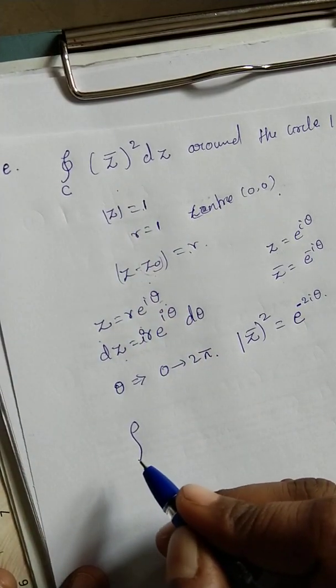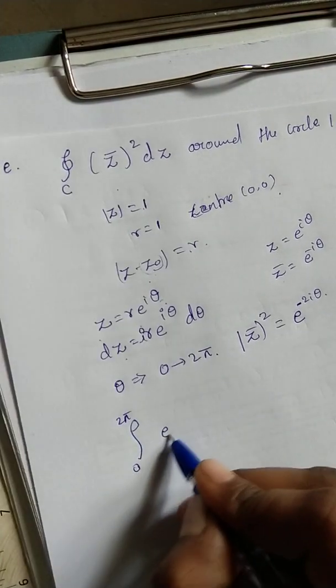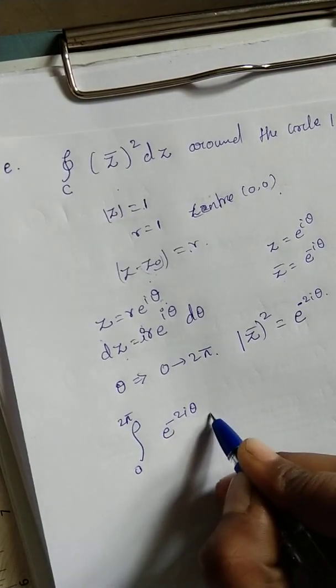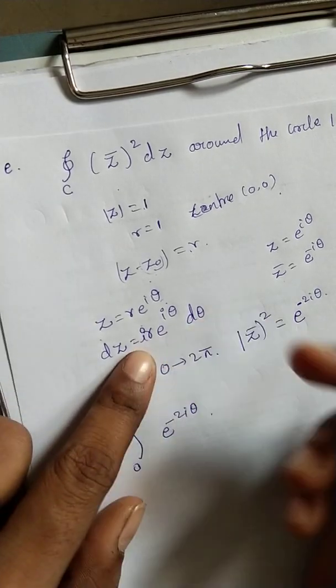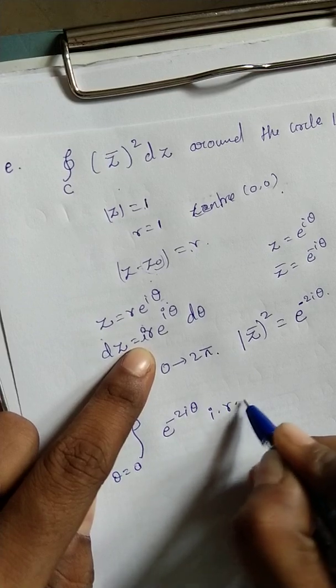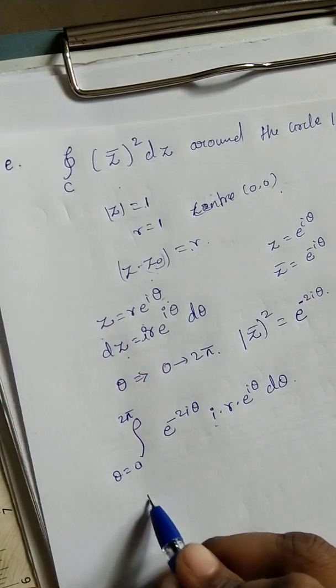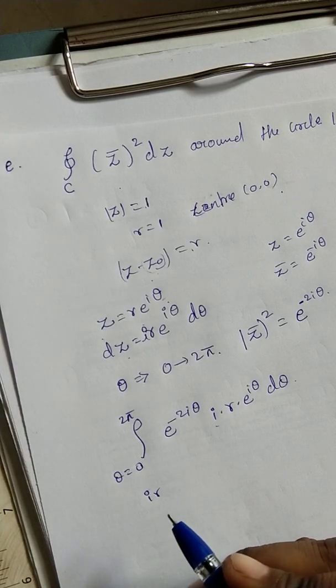So integration 0 to 2 pi e power minus 2I theta, then dz is this much. Okay, so here with respect to theta we are differentiating, I into r into e power I theta into d theta. Here I and r are common, so we'll take I and r outside.